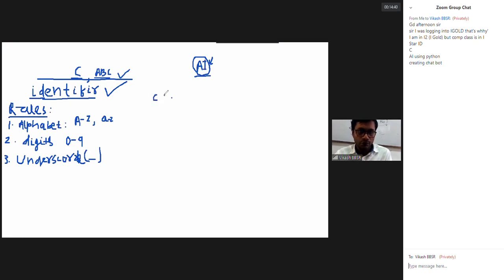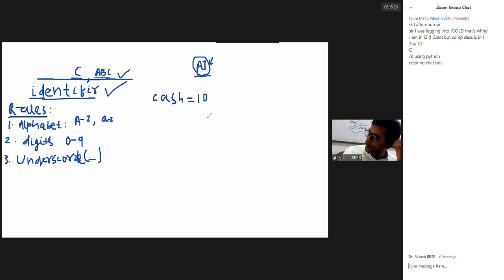Suppose I have written one identifier. Is it a valid identifier? Yes, that variable is assigned a value.